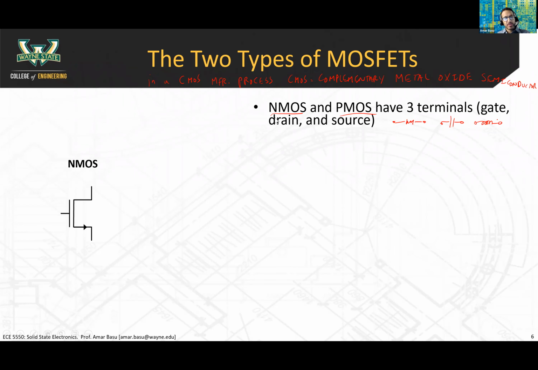So the NMOS device looks like this. This is the circuit symbol for it. You can see that it has 3 terminals here: the drain, the gate, and the source. I like to think about the intuition behind the symbols too. Remember with the diode, there's an intuition behind the diode symbol.